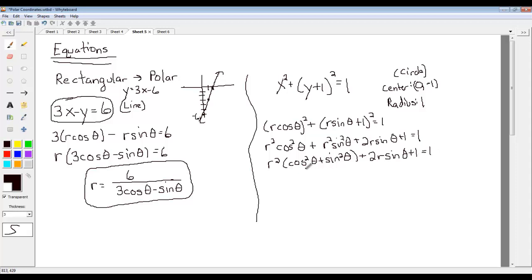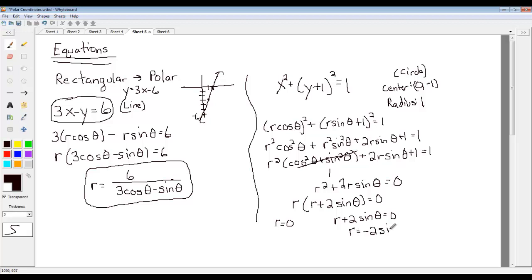Cosine squared plus sine squared is just 1. So I've got r squared plus 2r sine theta, and I can subtract 1 from both sides and set that equal to 0. So I got r times r plus 2 sine theta equals 0. So you got r equals 0, and r plus 2 sine theta equals 0. r equals negative 2 sine theta.